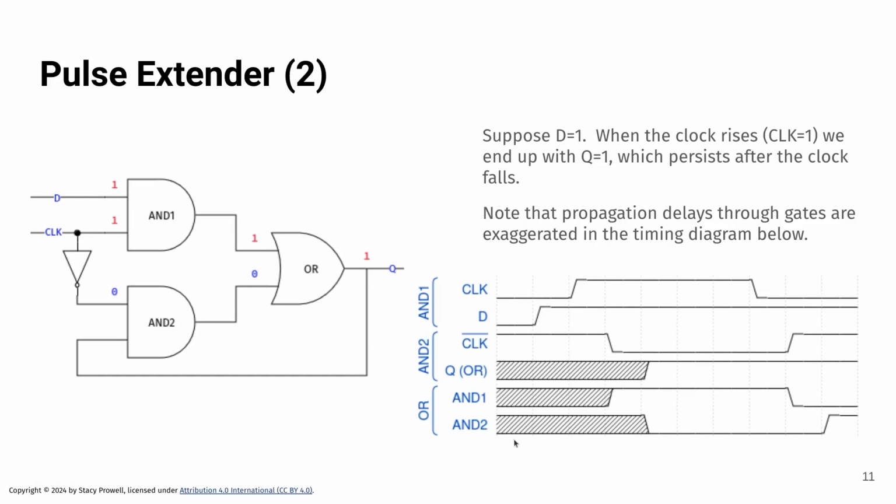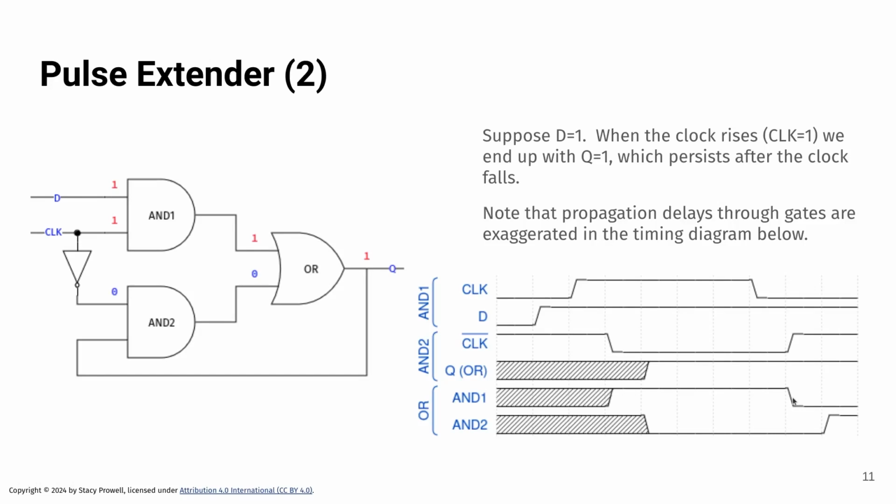There you go. Pretty simple stuff. What happens when the clock falls? So over here on the more extreme right, we see the clock falling back to 0. When the clock falls to 0, we have at least one of the inputs to AND 1 now 0, which means that AND 1, after, again, some propagation delay, will fall to 0.